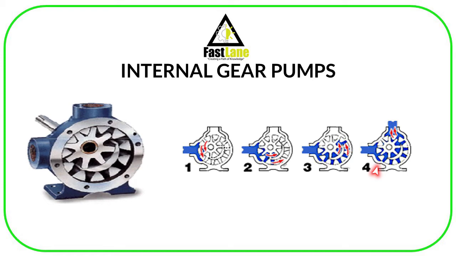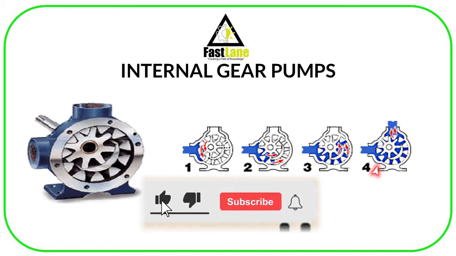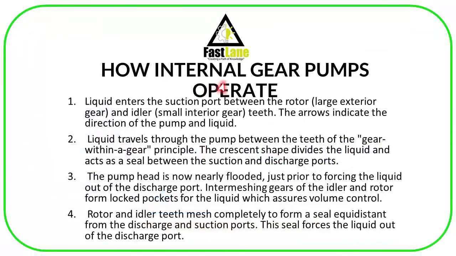Something unique about these pumps, they have a stationary crescent-shaped seal that separates the intake and discharge portion of the fluid. So let's look at how internal gear pumps operate. As the inner gear rotates, it meshes with and moves the outer gear.